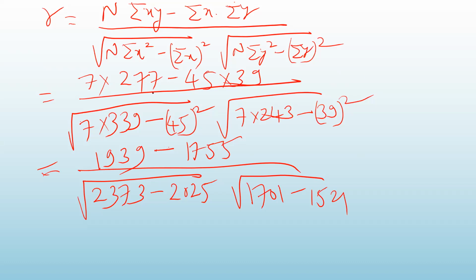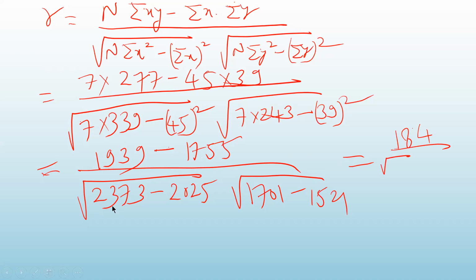Correct. Now let us simplify this. So 1939 minus 1755 is 184. So in the numerator, you are getting 184.